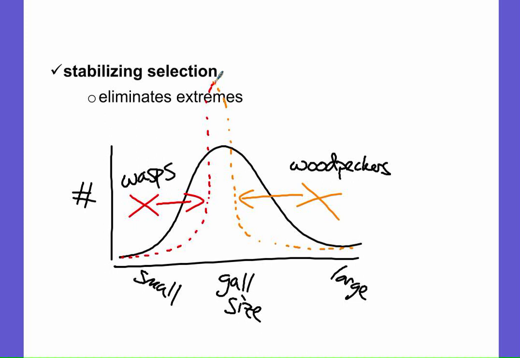It's basically two directional selections happening at the same time, squeezing this distribution until it's tall and skinny like the dotted, colored line that I drew. But that's called stabilizing selection because it makes that average the most frequently occurring trait. So those average size, those medium sized galls are what are being selected for. Because if it's too big, the woodpeckers get it. If it's too small, the wasps are going to lay their eggs in there. So it's got to be somewhere in between.